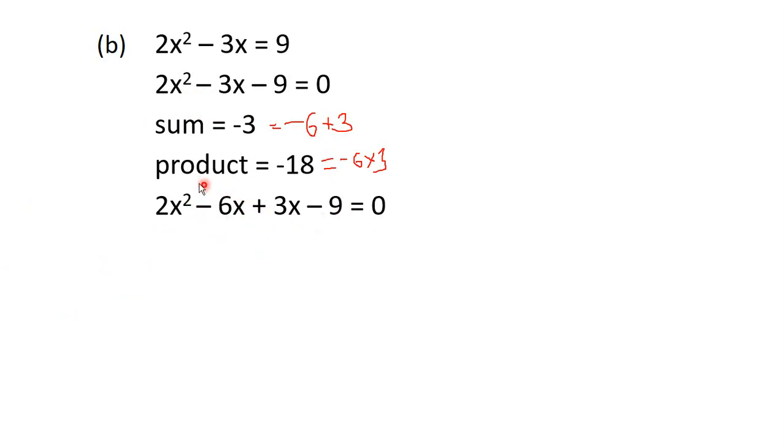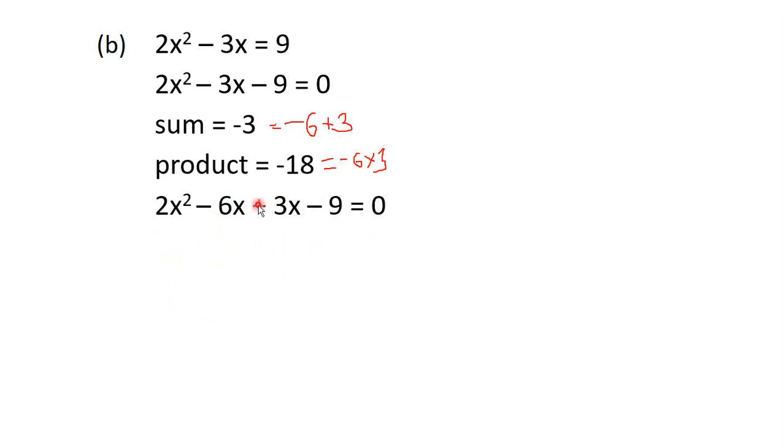Now here we are going to factorize out the first two terms, that is the 2x squared minus the 6x. The common factor is 2x. So 2x into x minus, if you divide 6x by 2x it gives you 3, so it's going to be minus 3. So you're going to have 2x into brackets x minus 3.